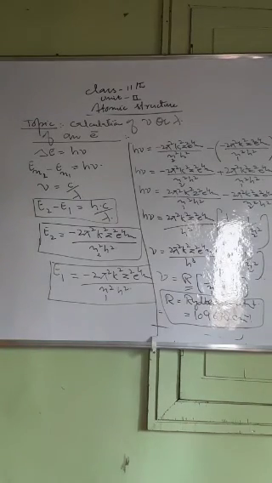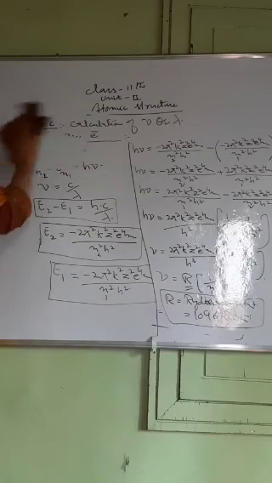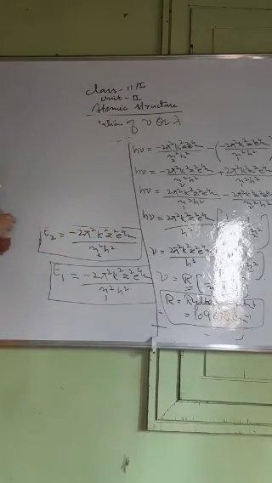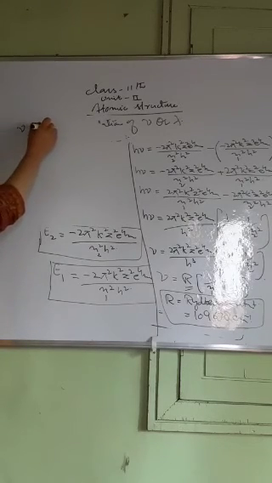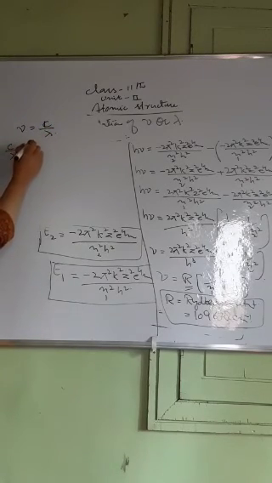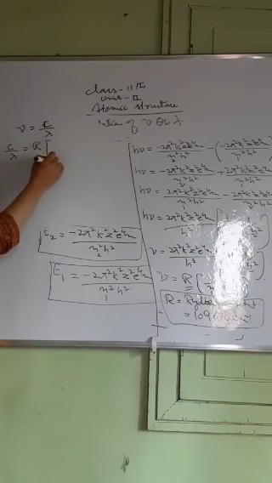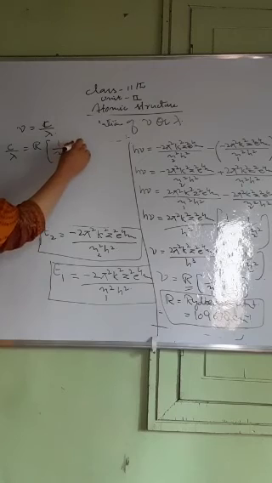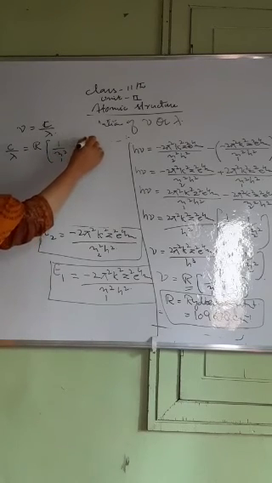So here in case of wavelength, we know that frequency is equal to c divided by lambda. So here you have c divided by lambda is equal to r into 1 divided by n1 square minus 1 divided by n2 square.